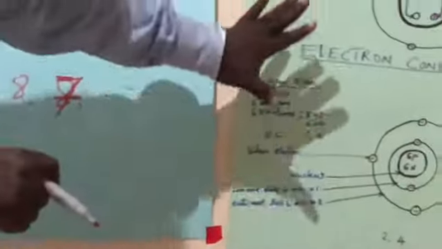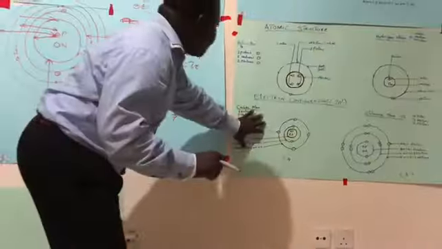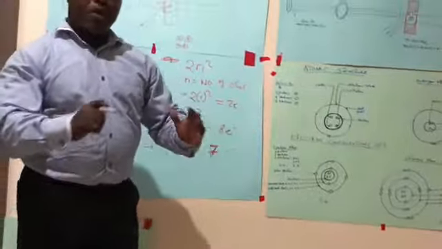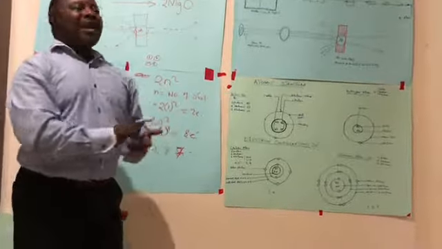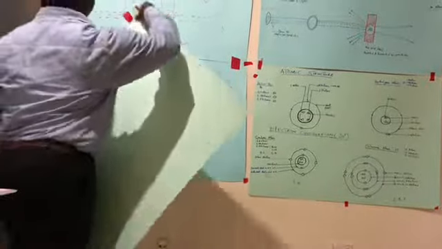When we have all these, we can now come to how these atoms can react among themselves or with other elements to form molecules. And that takes us to the topic, the molecule. What is a molecule?